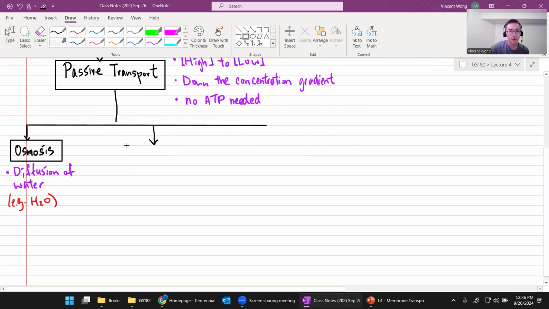And then we have simple diffusion. Simple diffusion basically is best for small molecules.